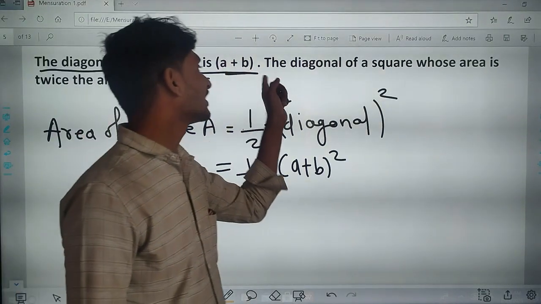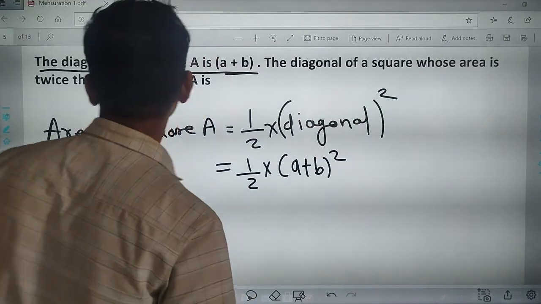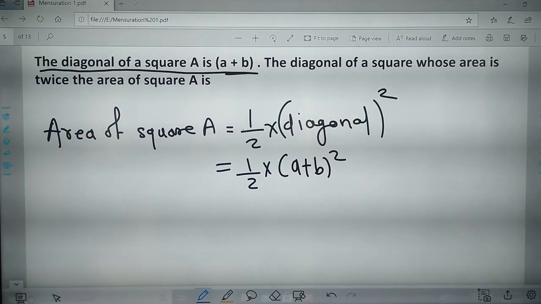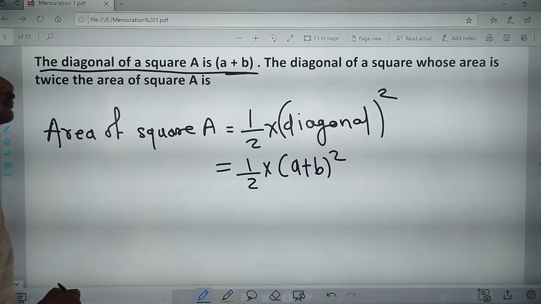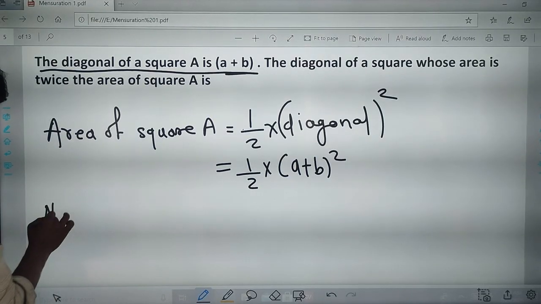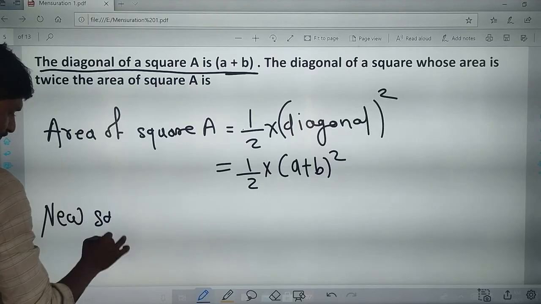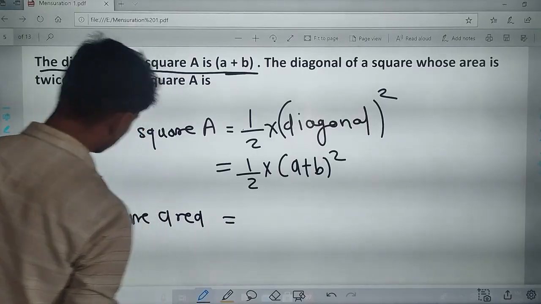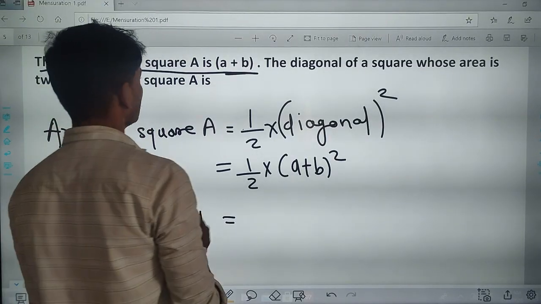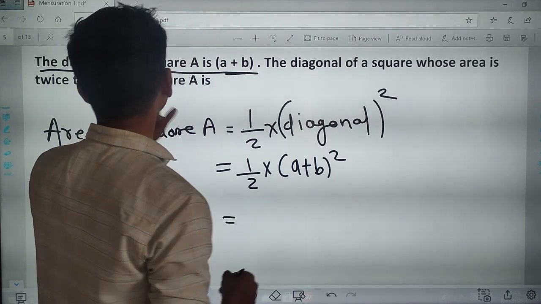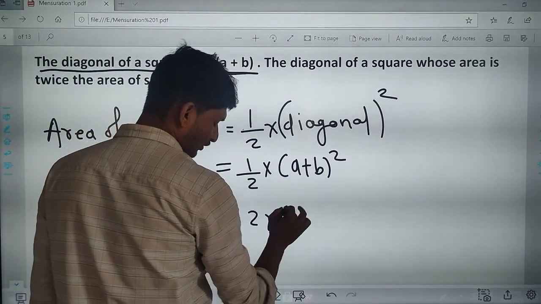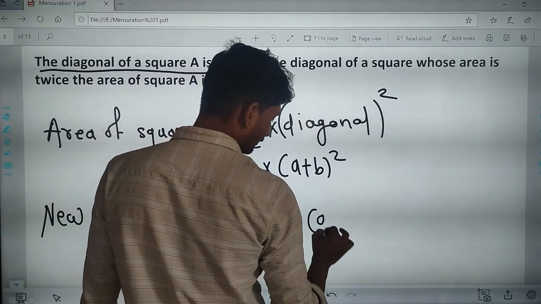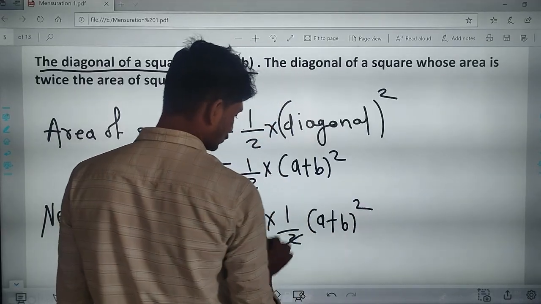Here we find the diagonal of the square whose area is twice the area of square A. Then the new square's area is twice the area of square A. Then the area is twice half into (a plus b) squared. Here the 2 gets cancelled.